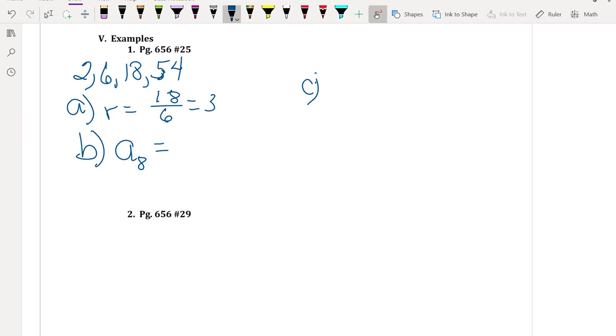I really want my recursive formula first. And then my explicit formula. So my recursive formula is going to be a sub n equals a sub n minus 1 times 3.